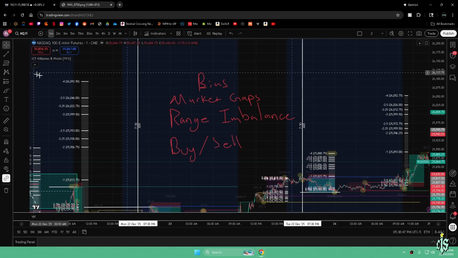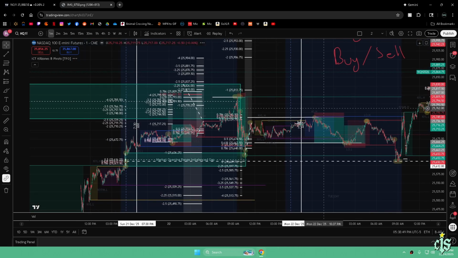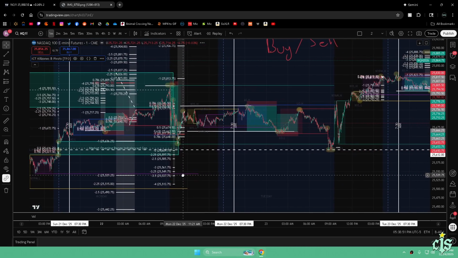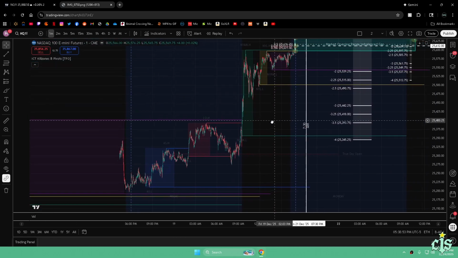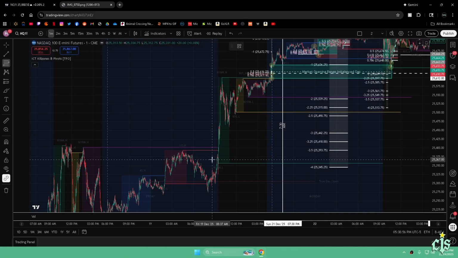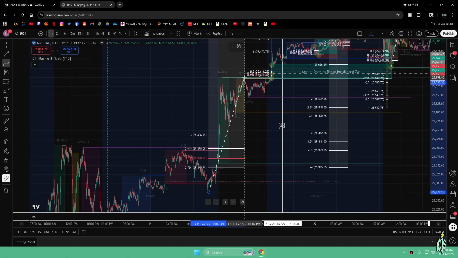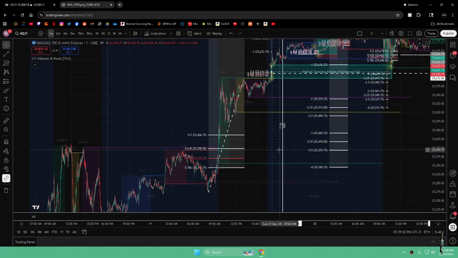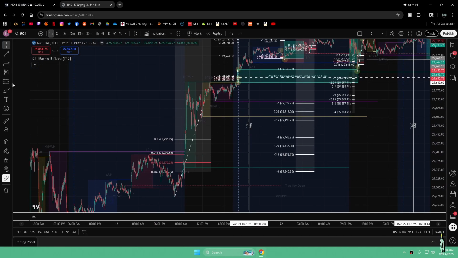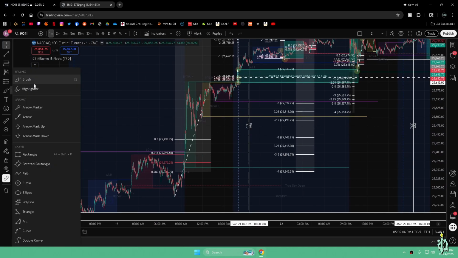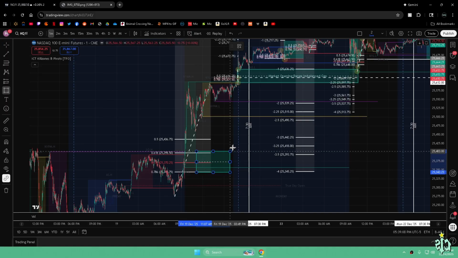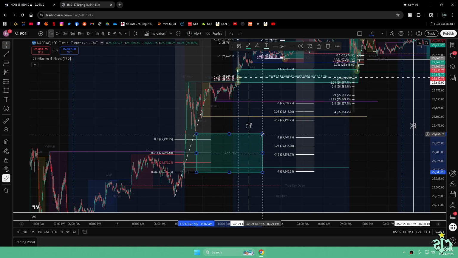Can you mark the range imbalances again? So this technically would be a range imbalance. I used the fib from the low to the high, and this area right here would be your imbalance, where market will eventually tap into.